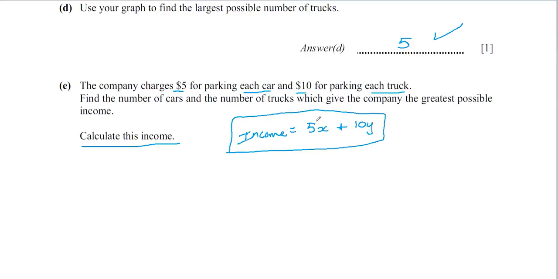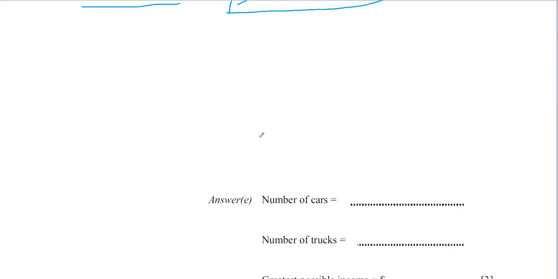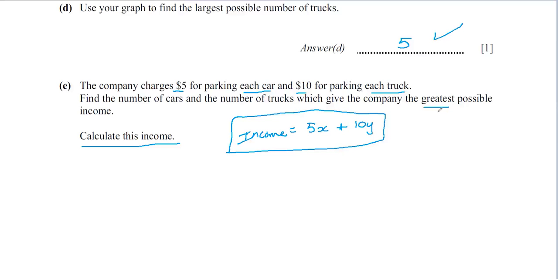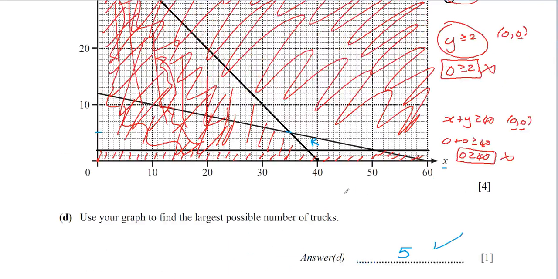So all we need to do now is, whenever they say the greatest possible or the lowest possible, the solution for this type of question is going to be one of the points which are on the vertices of the region that you shaded as true.